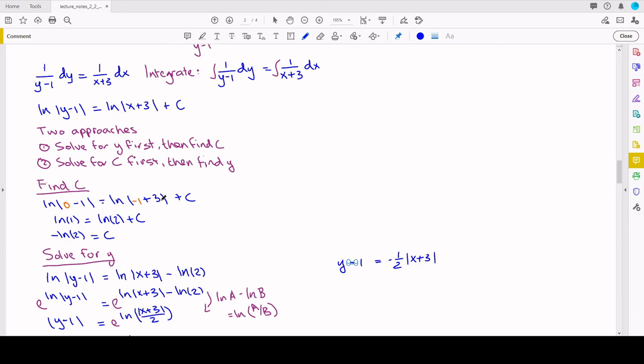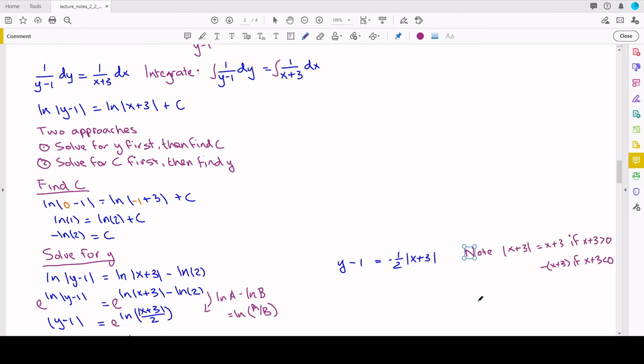Note that the absolute value of x plus 3 is equal to x plus 3 if x plus 3 is greater than 0, and it's negative x plus 3 if x plus 3 is less than 0.